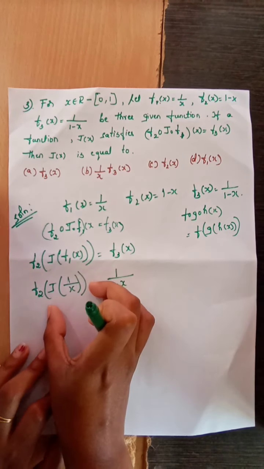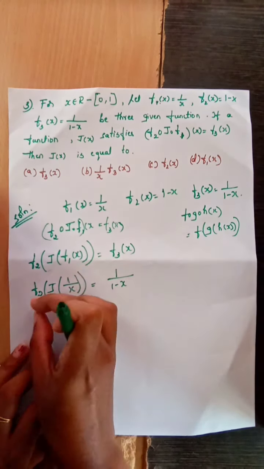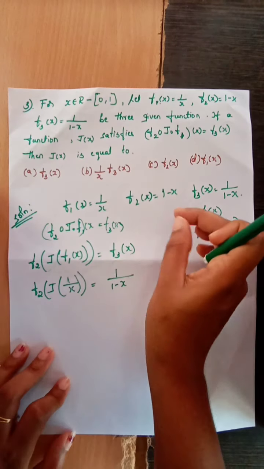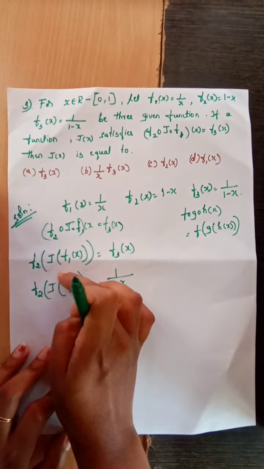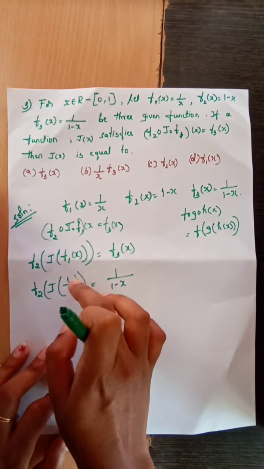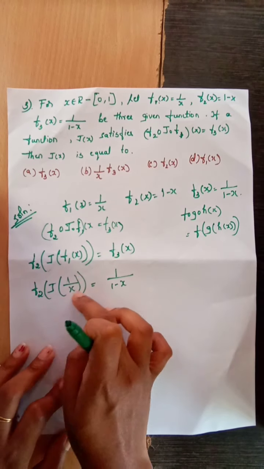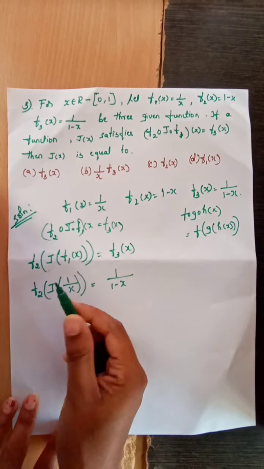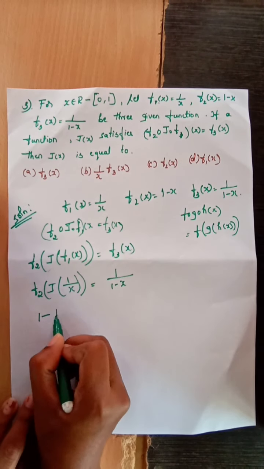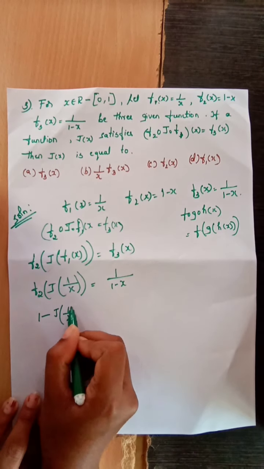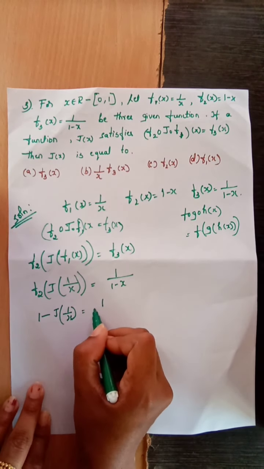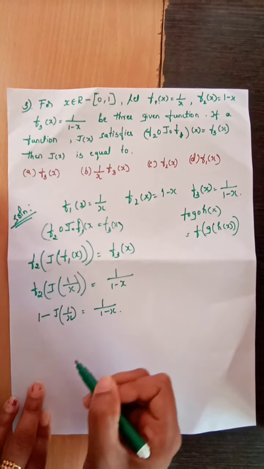That is what we have to find. So f2 of x is 1 minus x, but instead of x, now I have a function. So wherever I have x, I'll replace it by j of 1 by x. So it is 1 minus j of 1 by x is equal to 1 by 1 minus x.